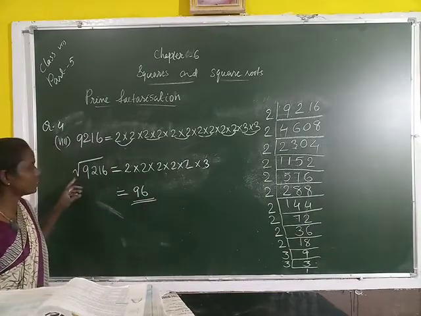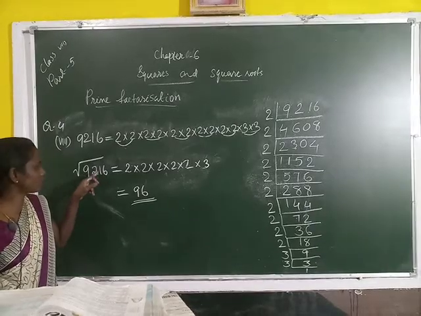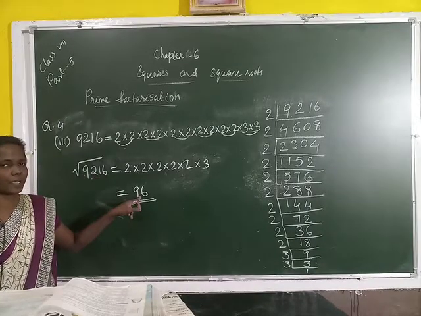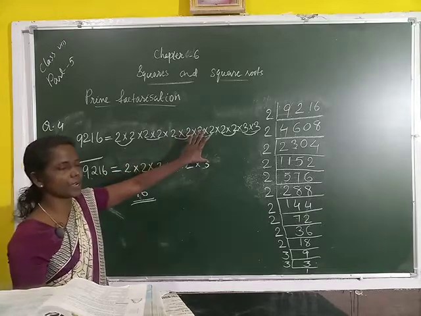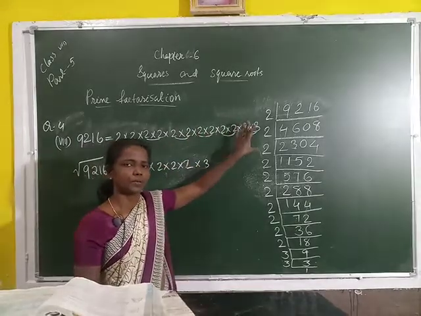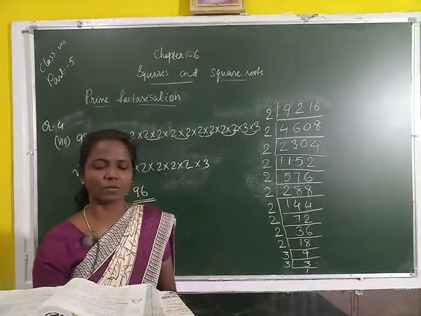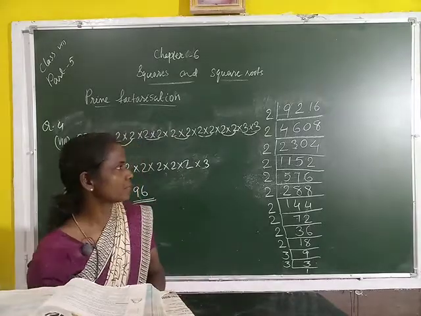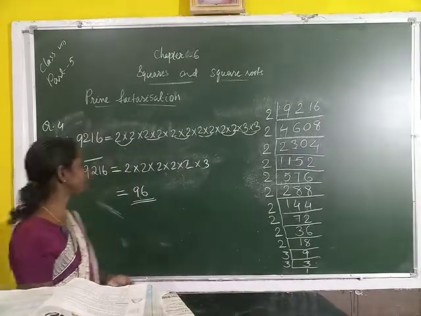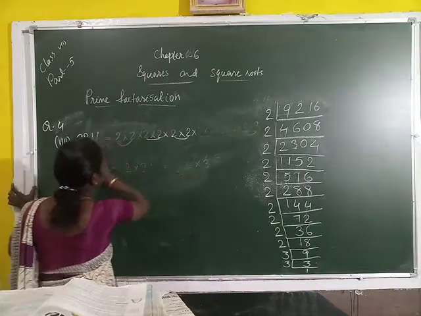Then the root of 9216 is which number? 96. This method is called the prime factorization method. Do you understand this method? Then find the answers to the remaining questions yourself and write them. The next question, number 5.